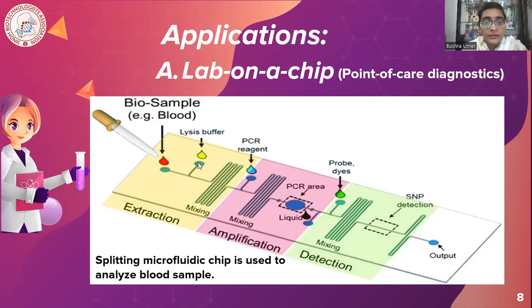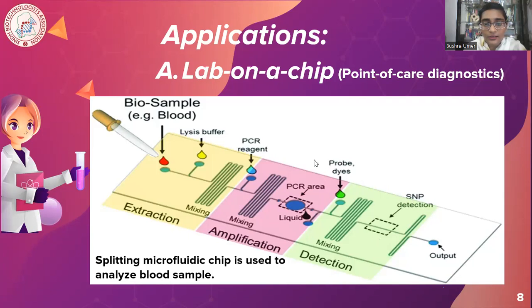The sample is introduced from this, and then it goes here, mixed with the lysis buffer, and then it travels after mixing, and then PCR reagent is added to it, then again mixing or amplification occurs, and then PCR. PCR, or polymerase chain reaction, is the amplification, or making copies, of a particular set of genes.